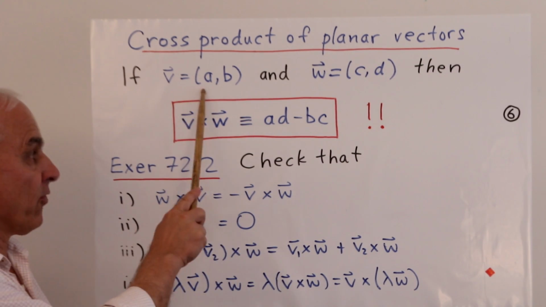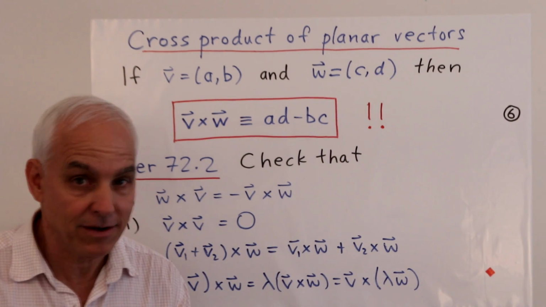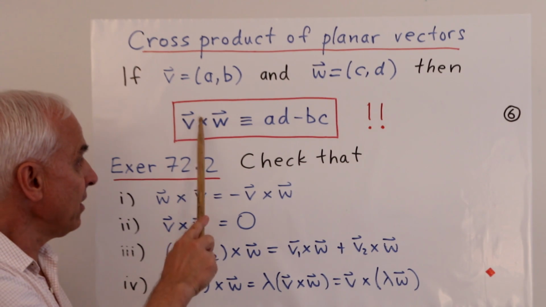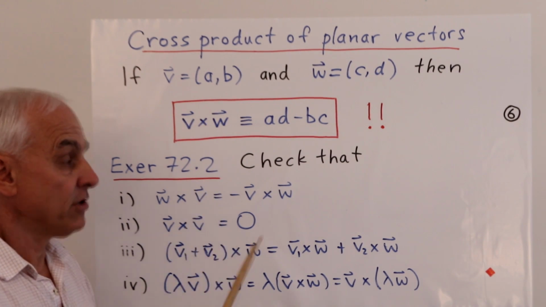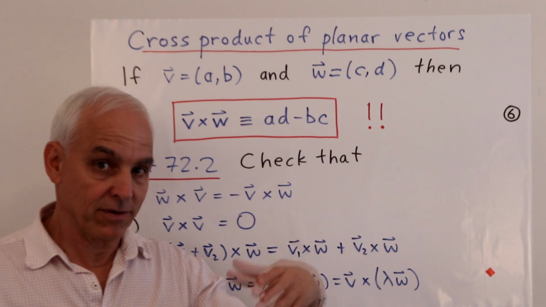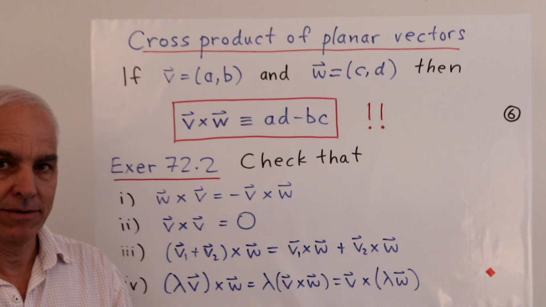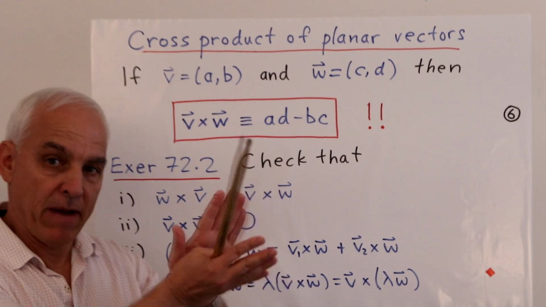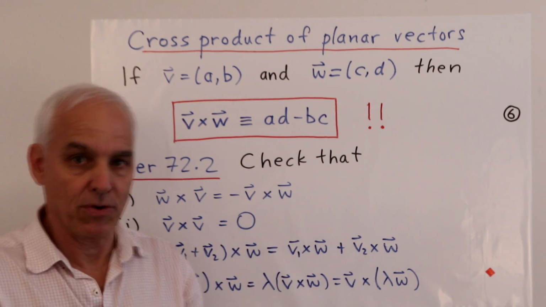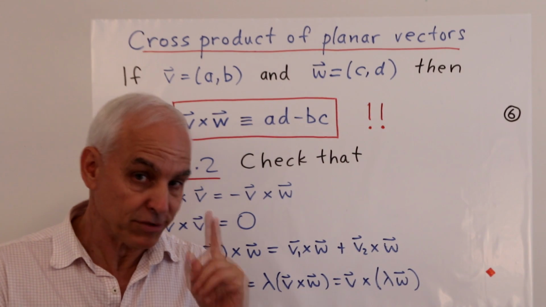If v equals the vector AB and w equals the vector CD, then we're going to define the cross product v cross w to be equal to that same quantity, that same determinant that we've been studying over and over, AD minus BC. In other words, the area of the parallelogram formed by v and w in that order. Really a signed area, to be precise.